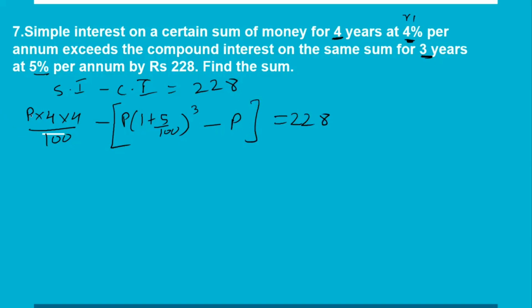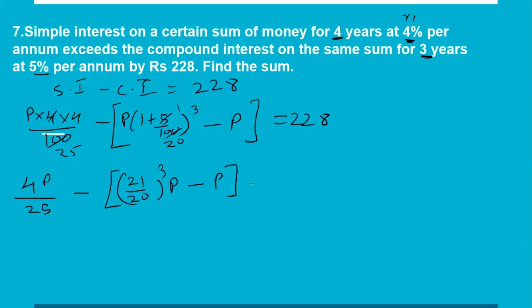Simplify this. On simplifying, you get 4P upon 25 minus, 5 ones and 5 20s, so 20 plus 1, 21. You get 21 upon 20 cubed, times P, minus P, which is equal to 228.